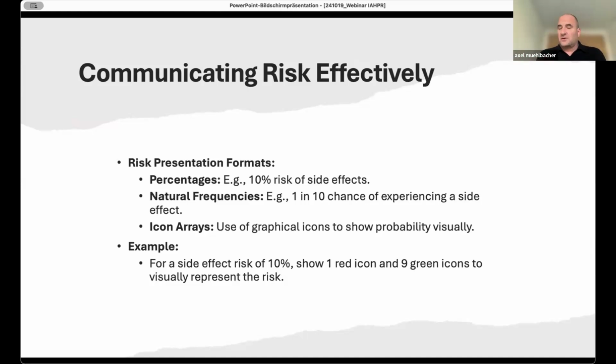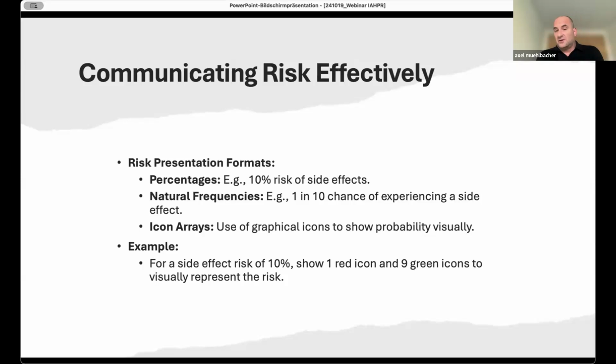To move a little bit further, most of the time it's the combination of both, which is working within health preference research. So for the probability, for example, of demonstrating 10% of a risk of a side effect, we could show a risk grid where we have 1 red icon and 9 green icons to visually represent the same risk.